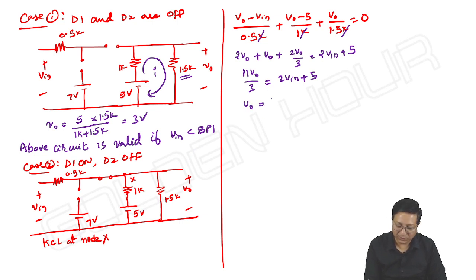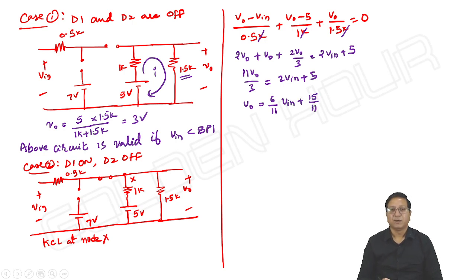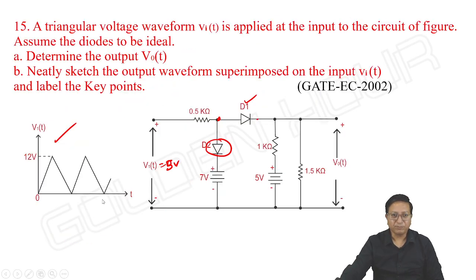Then what about V output? 6 by 11 Vi plus 15 by 11. Okay, some equation we have. How long is this valid? This is above breakpoint 1 and below breakpoint 2. So we are increasing up to what level? You have to raise the input to a level where D2 may also conduct.